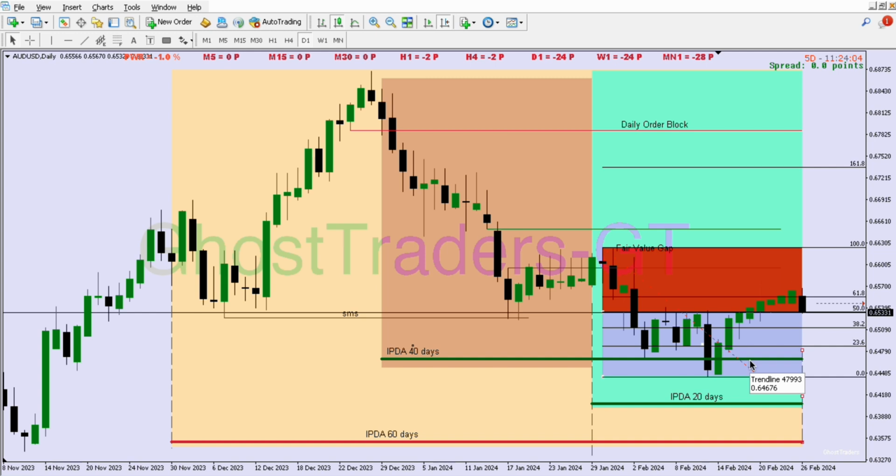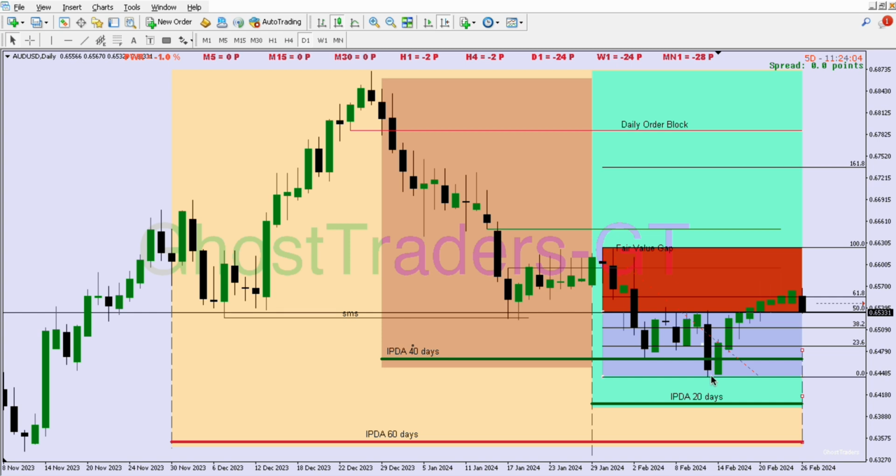So in as much as you're going to be looking at premium versus discount, and you are expecting to sell at the premium level and to buy at the discount level, you need to keep in mind your order flow. What is the shift in market structure at that time? So you can see here we have a shift in market structure, indicating that we are bearish.